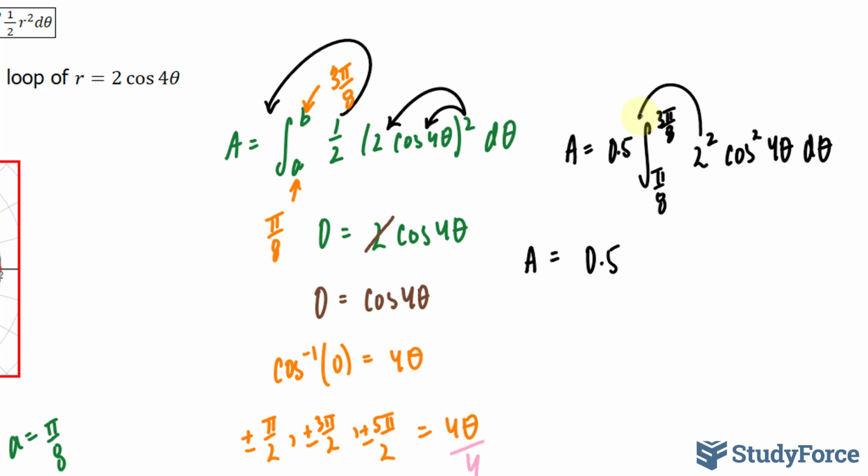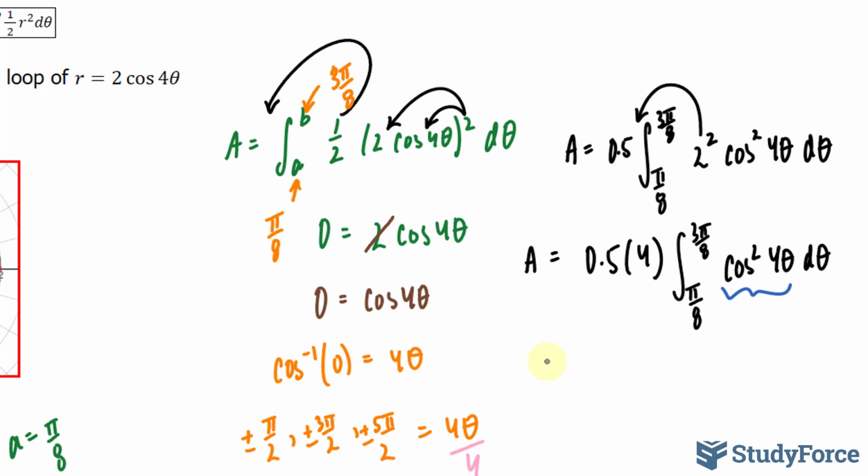0.5 times, and I'll pull out this 4, times 4, times the integral between pi over 8 and 3 pi over 8, cosine squared 4 theta d theta. In order to integrate this expression, I'll need to convert this into a half-angle identity.